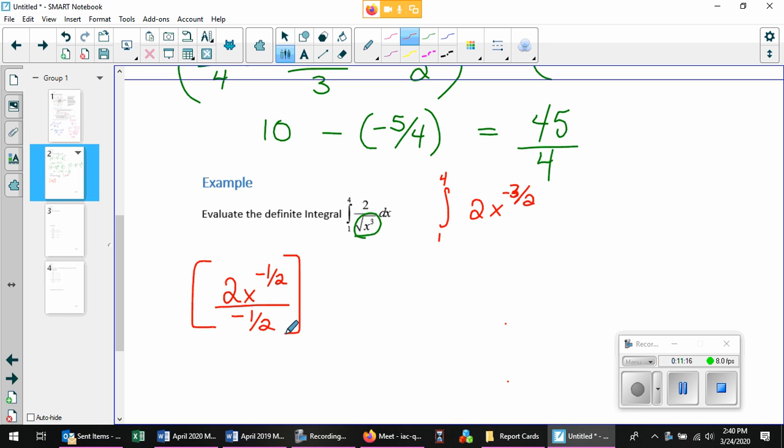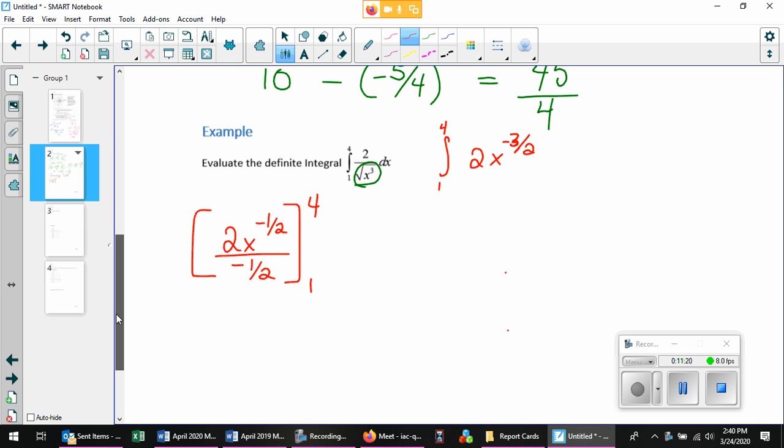And then we put the boundaries on it, 1 and 4. So this looks a little bit messy. I'm going to tighten this up just a little bit. I'm going to multiply by the reciprocal of that, so I get negative 4x to the negative 1/2, lower boundary of 1, upper boundary of 4.